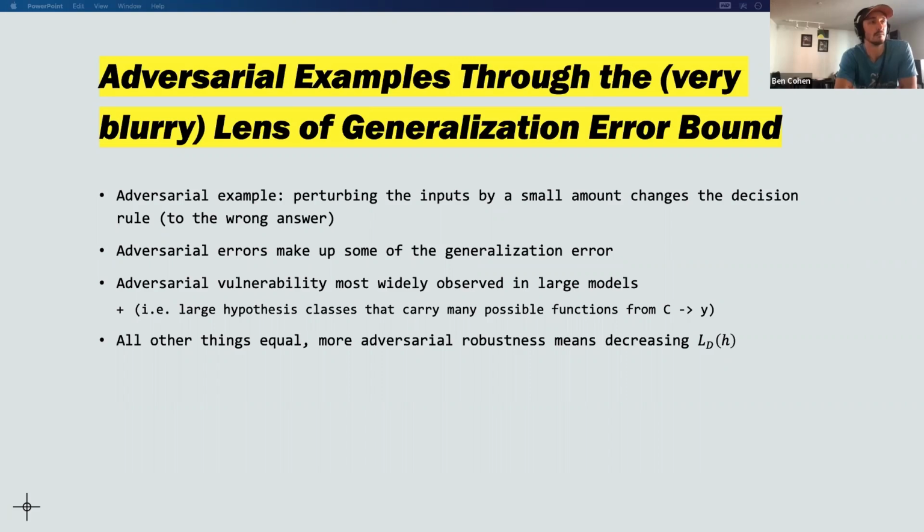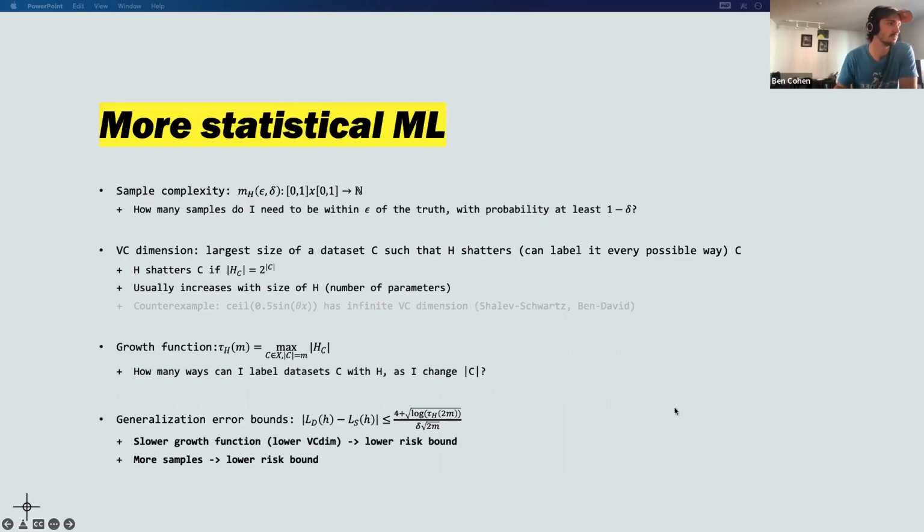Okay. Basically, the read that I have on this is just relying on theory here. The number of functions that your hypothesis class contains is extremely large. And that means the number of functions that fit the training data well, but don't fit the test data well, is also extremely large.